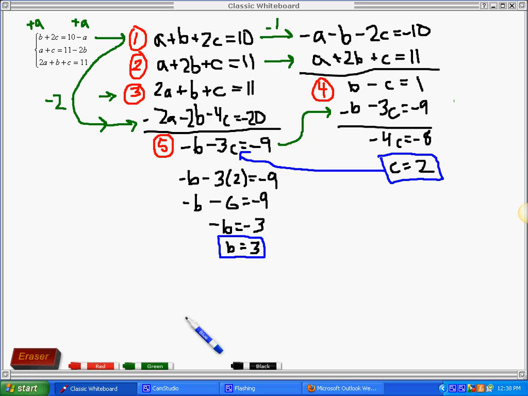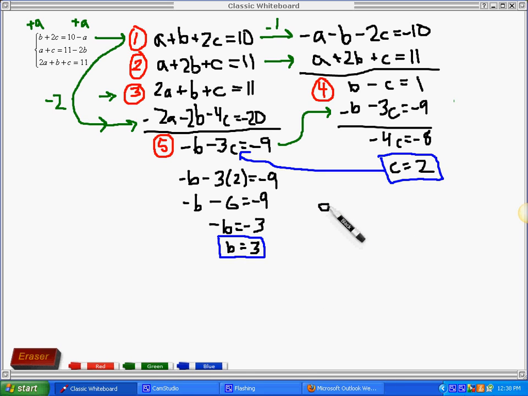So there are the b and c solutions. I still need to figure out what the variable a is, and I can do that by plugging b or c back in any of the original equations. So if I take equation 1 here, a plus b plus 2c equals 10, and plug in b equals 3 and c equals 2, I get the following.